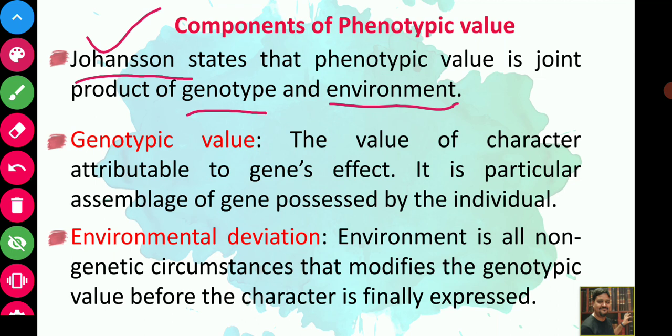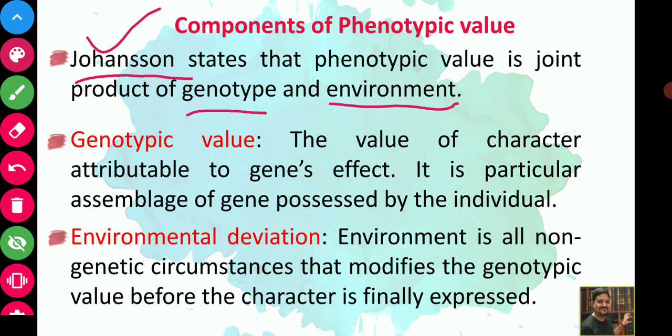The first component is genotype, the genetic composition of that particular animal, and the second is the environment that the animal is facing. When genotype is associated with environment, that will give you the phenotype.